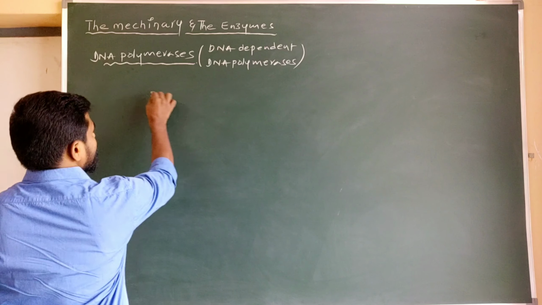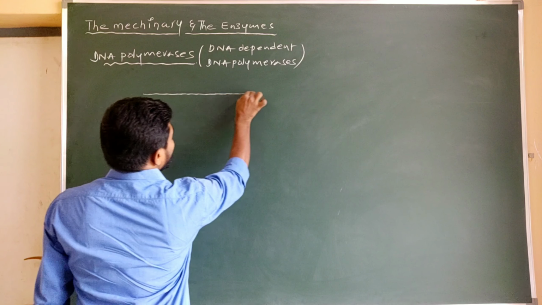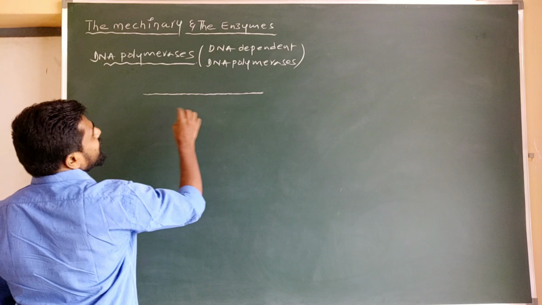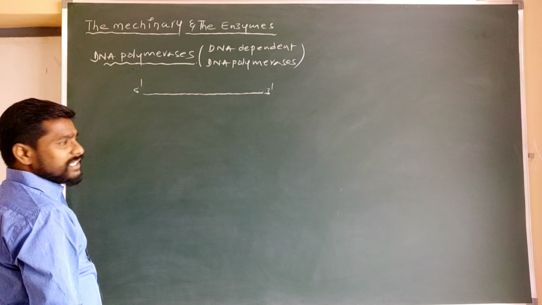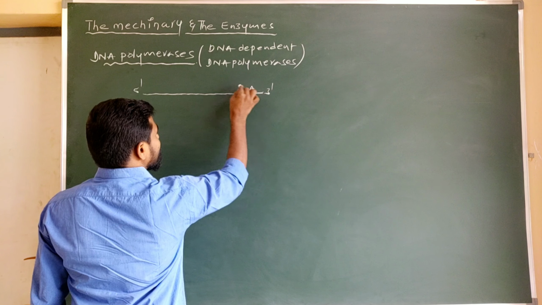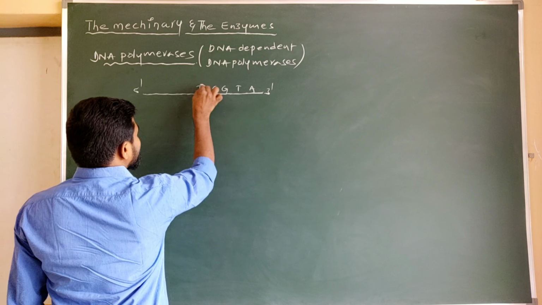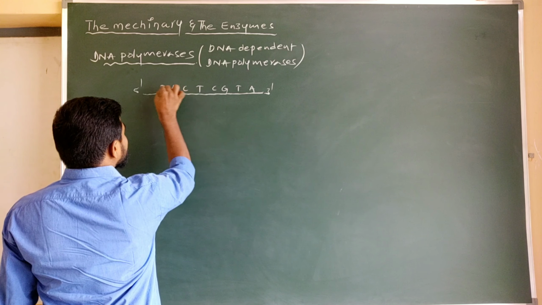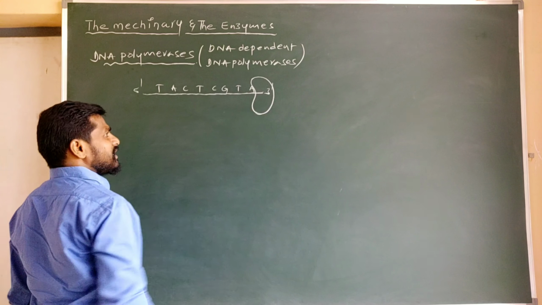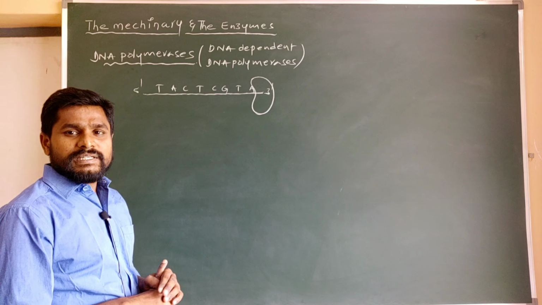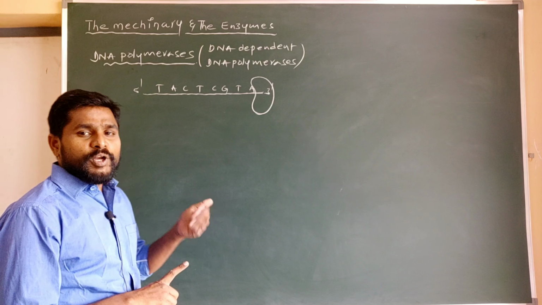So this is a DNA strand, parental DNA strand or parental DNA template, showing 3' to 5' polarity and having the sequence of nucleotides such as AT, GC, TC, A, T like this. So in order to synthesize a new strand of DNA, first DNA polymerase has to bind to this parental DNA template at 3'.